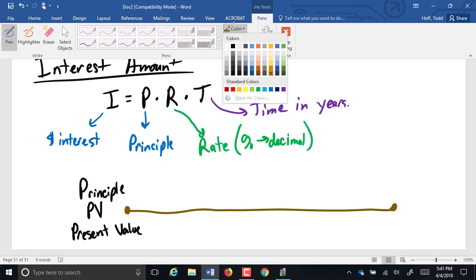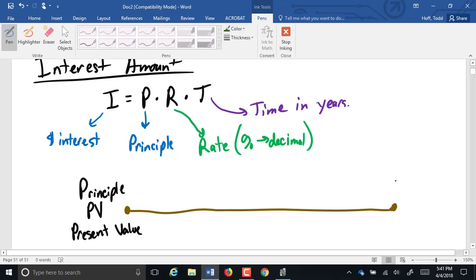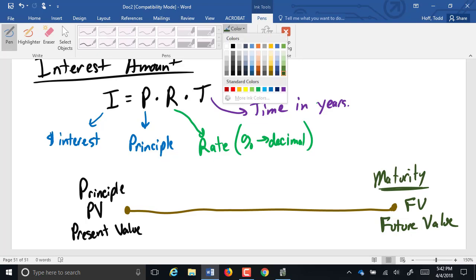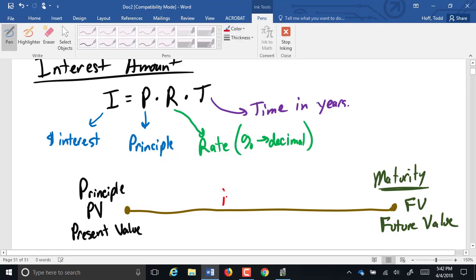That timeline advances into the future to take us to something called FV or future value, which is your maturity. And of course, what happens in between there is your interest.